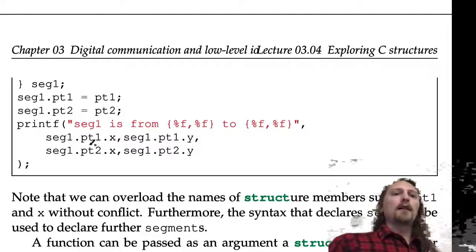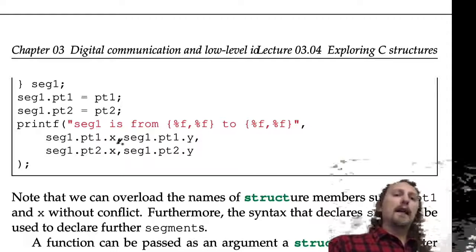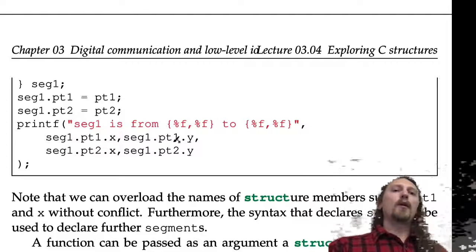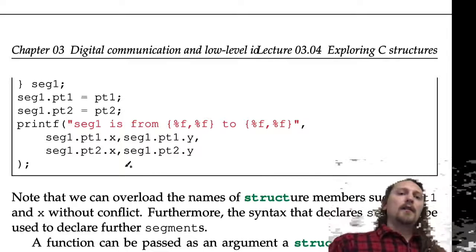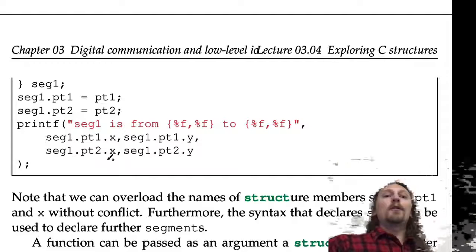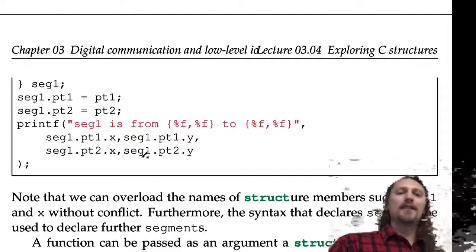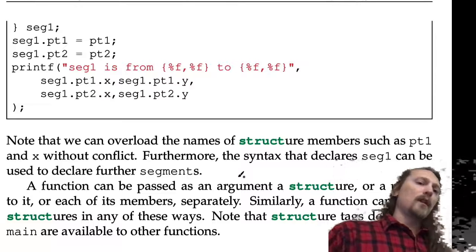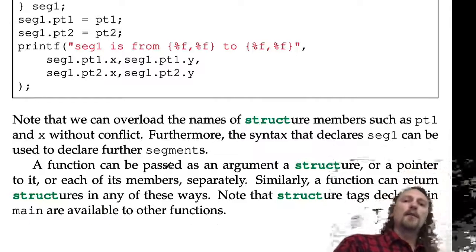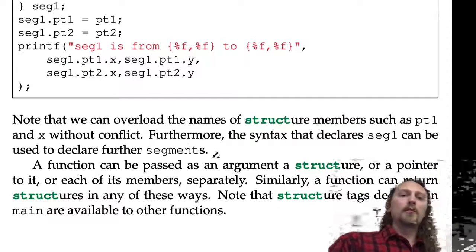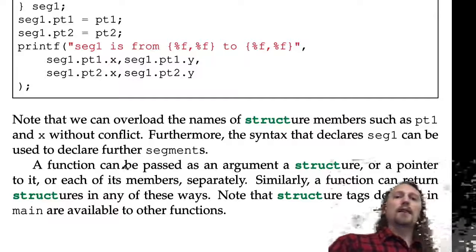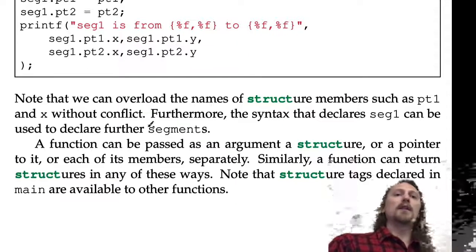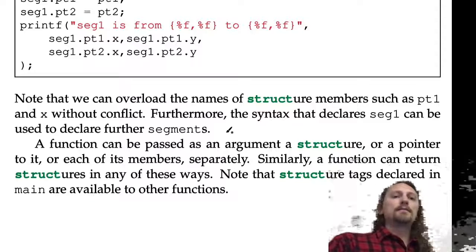So seg1.point1.x goes here, seg1.point1.y goes here, seg1.point2.x goes here, seg1.point2.y goes here, and it prints out. Note that we can overload the names of structure members, such as point1 and x, without conflict. Furthermore, the syntax that declares seg1 can be used to declare further segments.